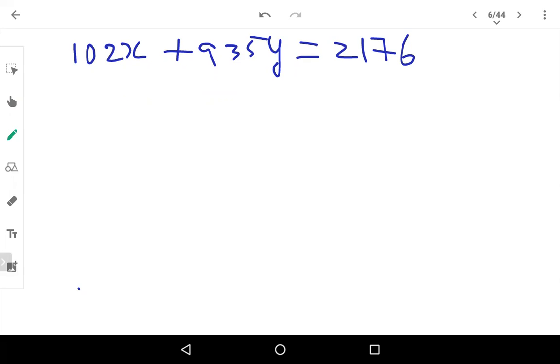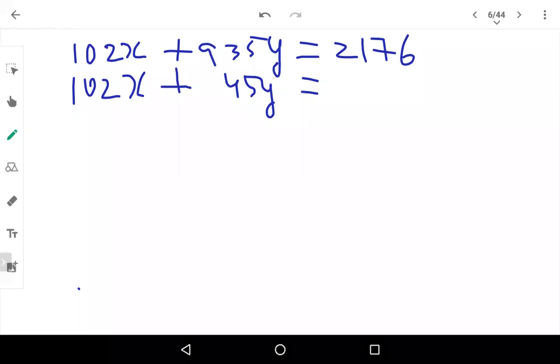Now the second equation, I'm multiplying it with 3. So 34 into 3 will again give me 102x, and 15 into 3 will give me 45y is equal to 132 into 3 is 396.